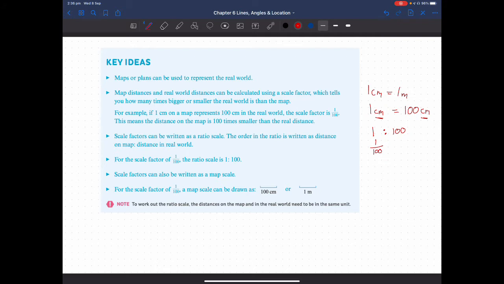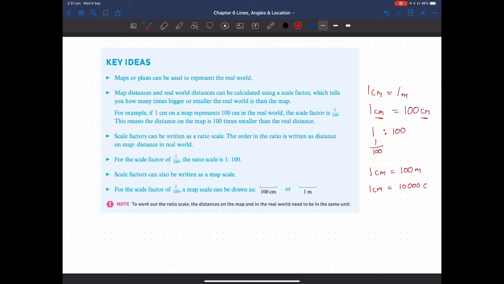If I was going to have a scale which was 1 centimetre to 100 metres, 1 centimetre equals, there are 100 centimetres in a metre, so 100 times 100 is 10,000.